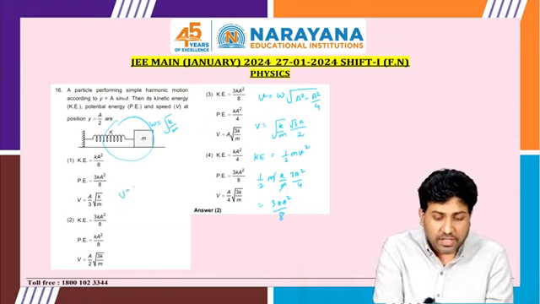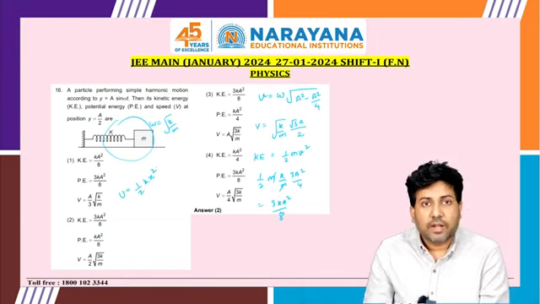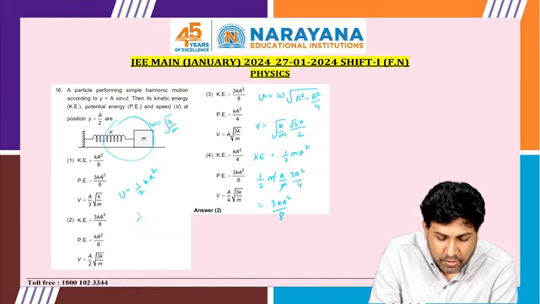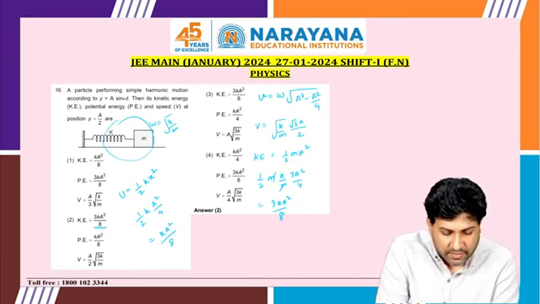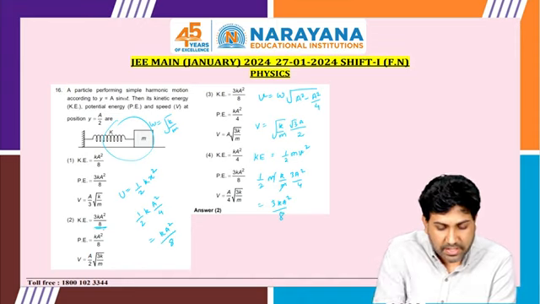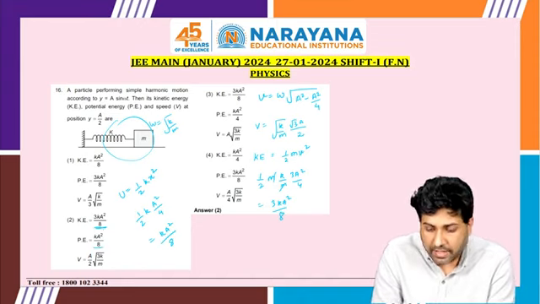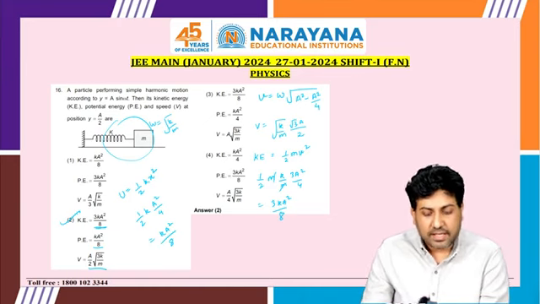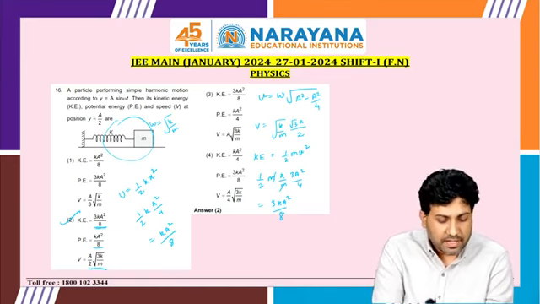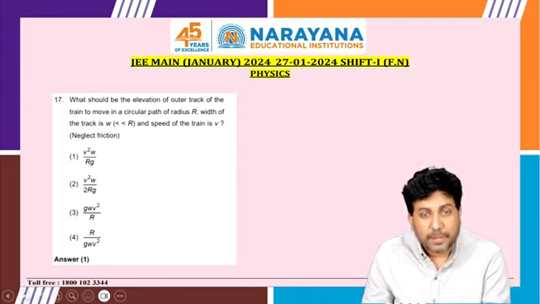The potential energy is half k x square. Now x according to the question is a by 2. So half k a square upon 4, that is k a square by 8. That means you see all the options are satisfied in the second option, kinetic energy, potential energy, and the velocity also. So the option number 2 is the correct answer. Okay, let's move to the next question.